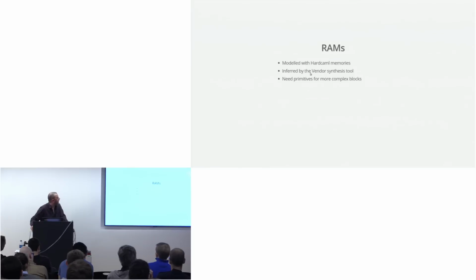So, as we're saying, HardCaml just provides a simple memory primitive, and then it builds proper memories by applying a register to the address port or the output port of the memory. That will create a read before write or a write before read memory. That should then be inferred by the vendor synthesis tools. They say it does.